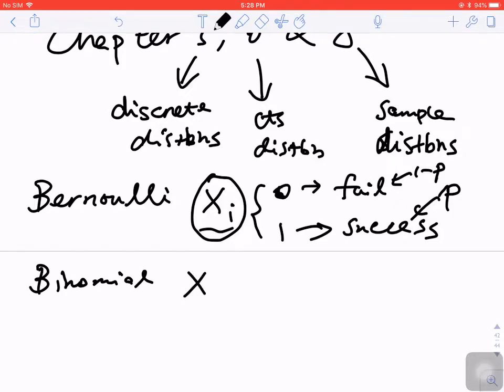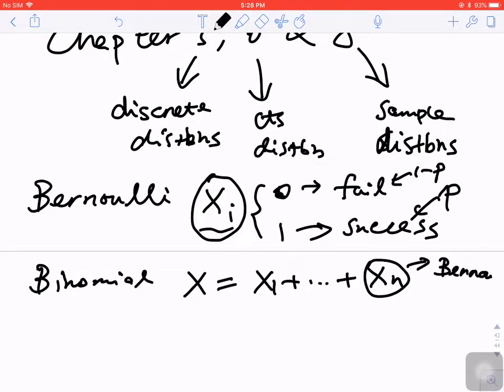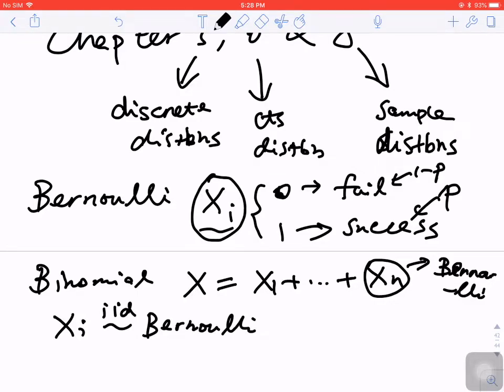Say x is the binomial random variable, it is actually the summation of n such Bernoulli random variables. Each is a Bernoulli. We also know that those Bernoulli random variables are IID, which means they're mutually independent and they all have the same distribution, following the Bernoulli distribution with the same parameter p.